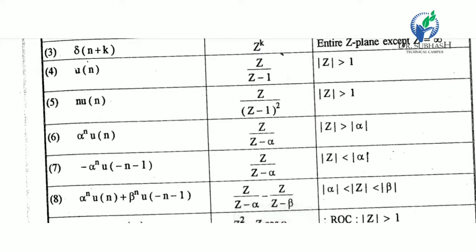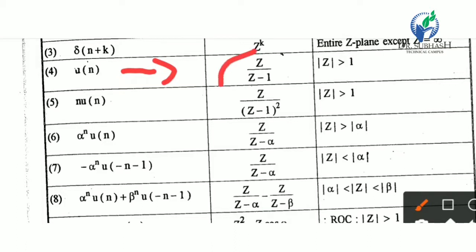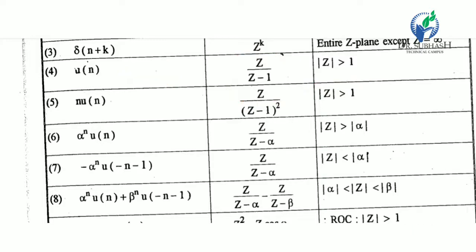Now the u of n, for u of n, the Z transform is z divided by z minus 1 and the ROC is mod z greater than 1.